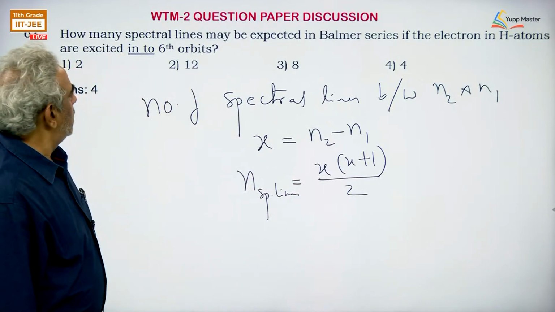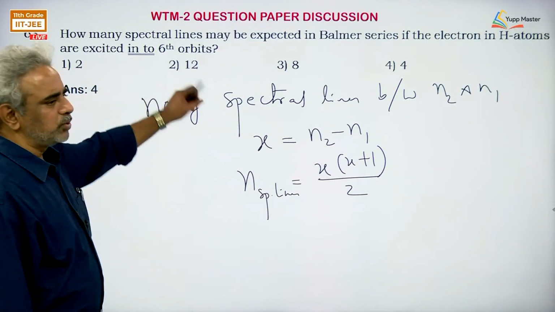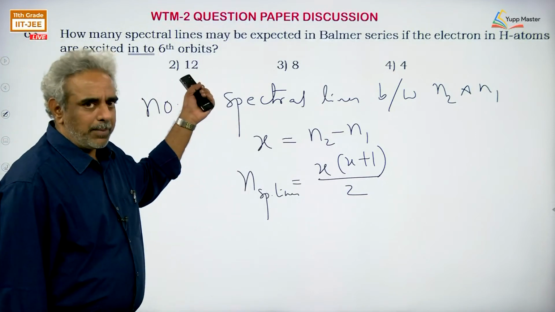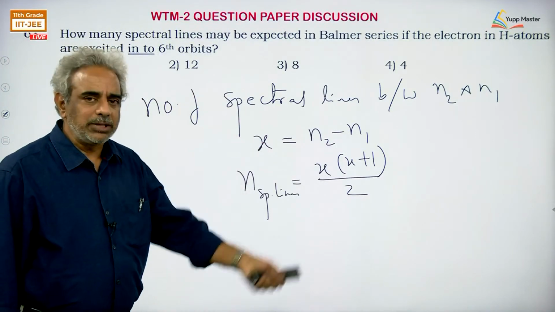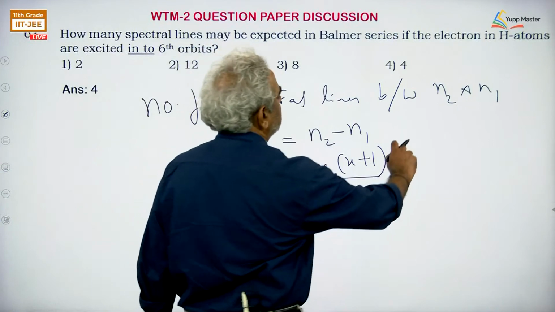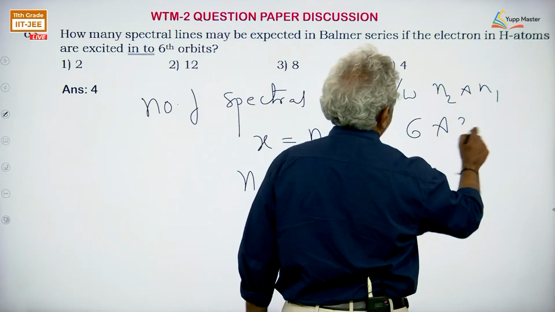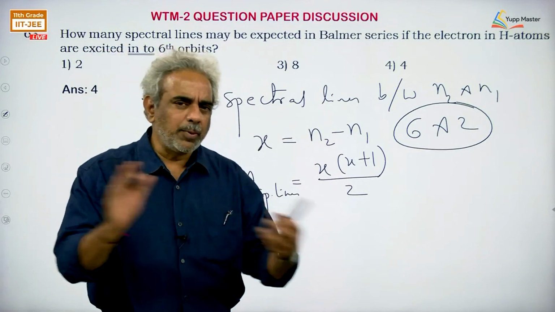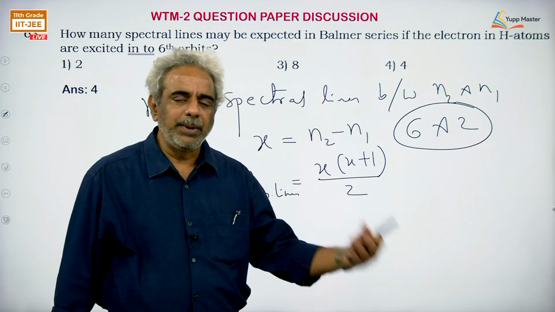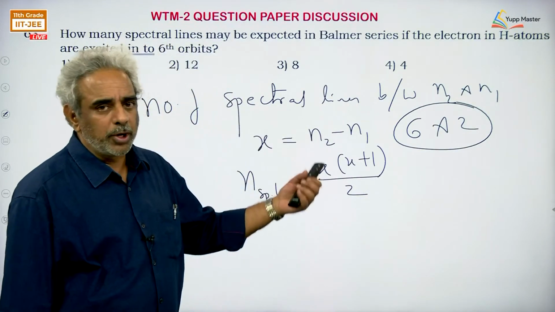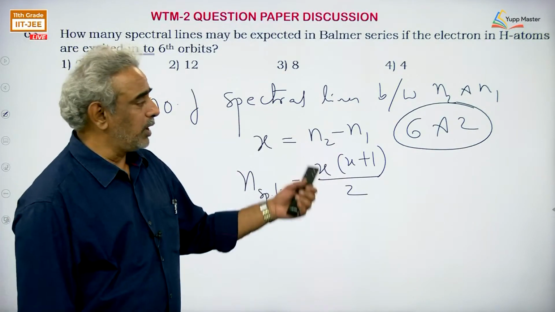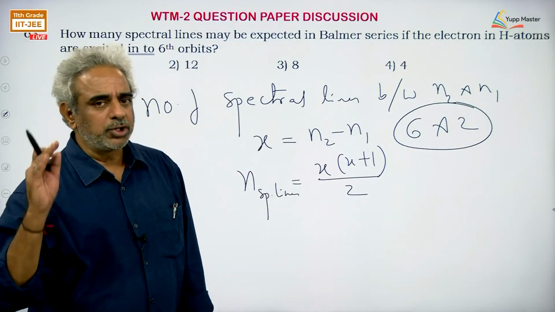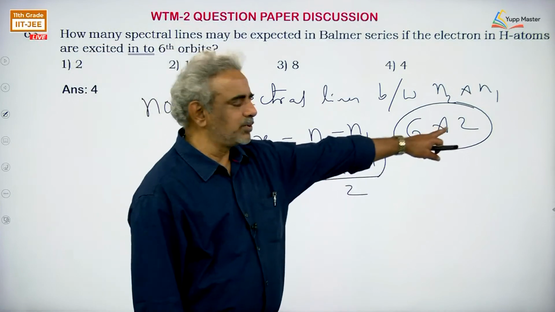Suppose 6th orbit. He is only taking Balmer lines. We want all lines together. Suppose between 6 and 2, what are all the possible lines? Let it be Balmer, let it be Paschen. There is no possibility for Lyman because the lower limit is 2. If you want exclusive Balmer lines, 6 minus 2.